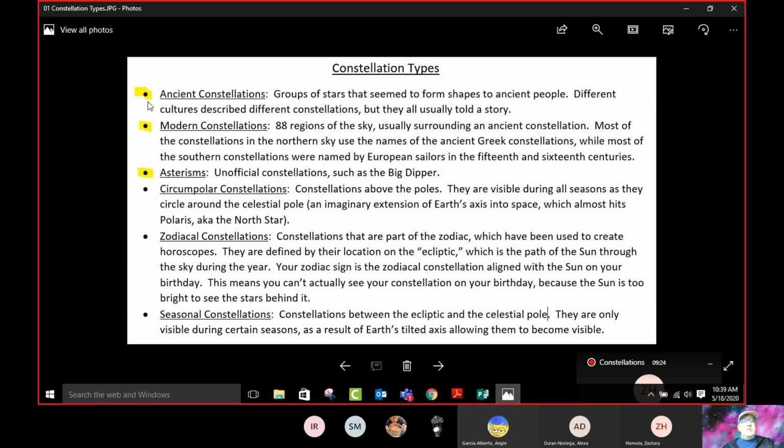So, those are the ancient constellations. Now, modern constellations, and I mean the official modern ones described by astronomers, what they've done is they've taken these ancient ones, and instead of just being a pattern of stars, it's a whole region of the sky, and it usually surrounds an ancient constellation.